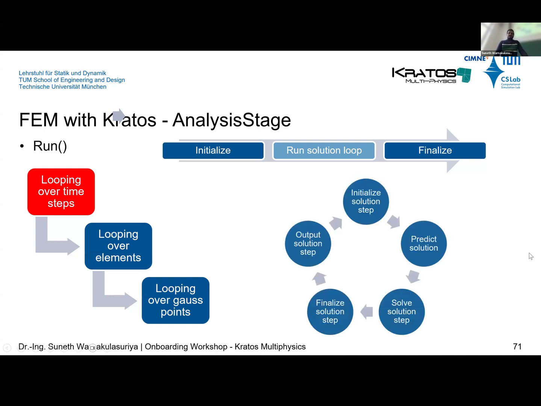So this is what's happening in the Kratos run solution loop. First, we initialize every solution step. In here, solution step is a time step. Then we predict the solution, which might be true or false. We just try to predict so that we are close enough to the actual solution, so our linear solvers have an easy time solving it.